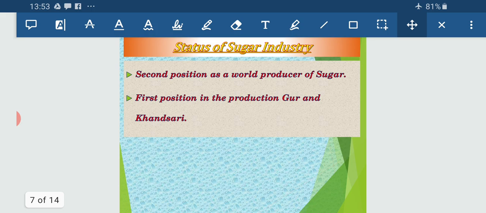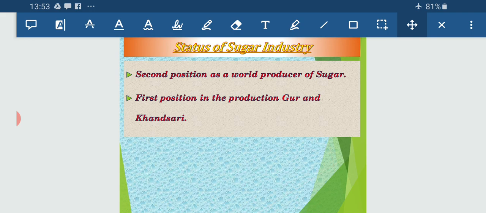Now, let us proceed to the next, that is the last agro-based industry as per the syllabus, the sugar industry. Status of the sugar industry. The sugar industry occupies second position as a world producer of sugar.